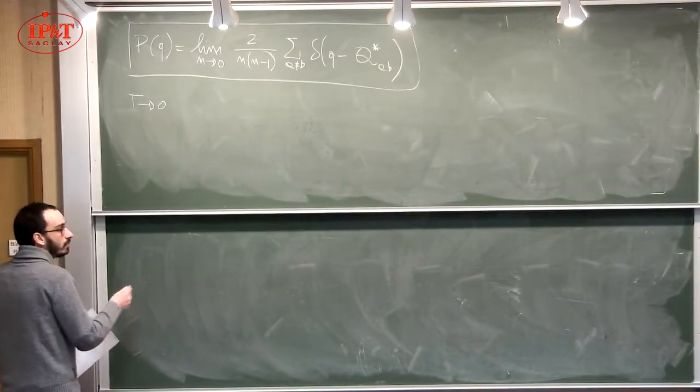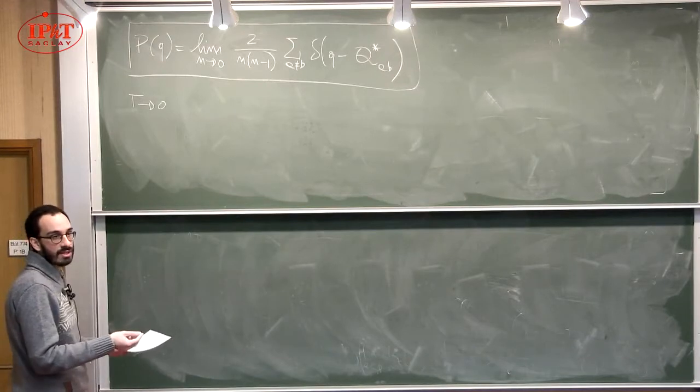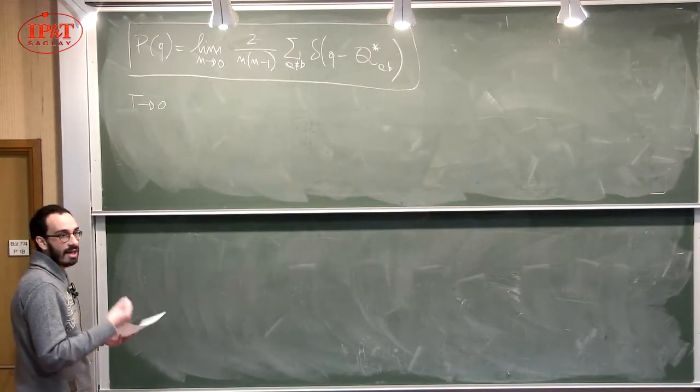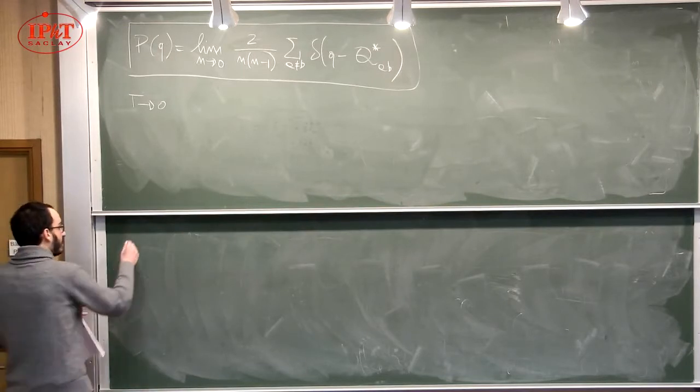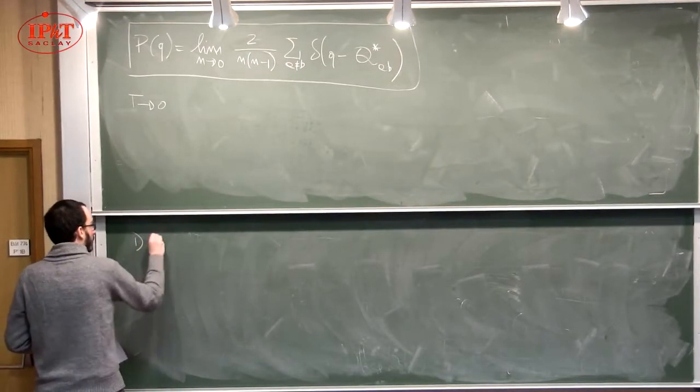So what we will try to do is to make some ansatz on the form of the overlap matrix, and then we will try to see if these ansatz are correct or not. The first ansatz that we can try is the replica symmetric one.